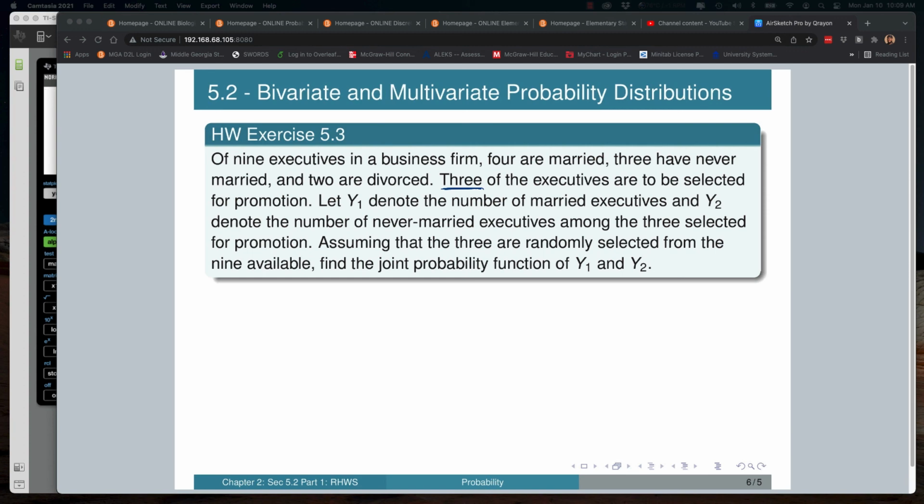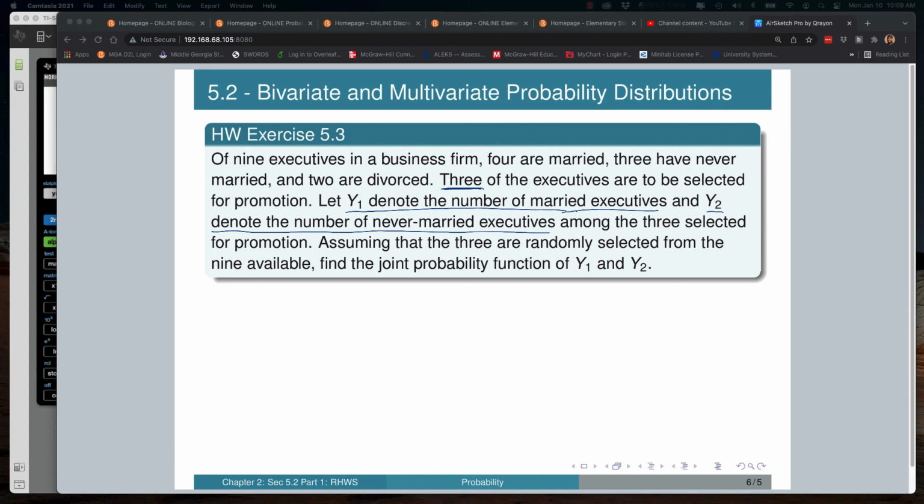We're going to let Y1 denote the number of married executives that are chosen for promotion, and Y2 denote the number of never married executives to be promoted. So apparently we don't really care about the 2 divorced people.